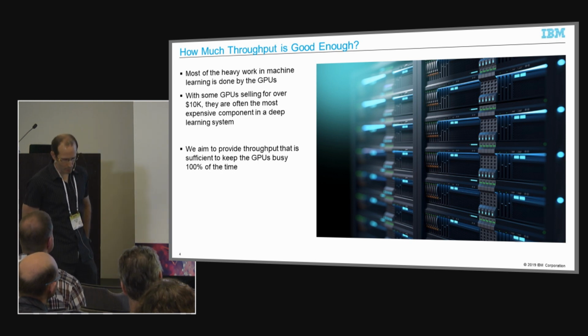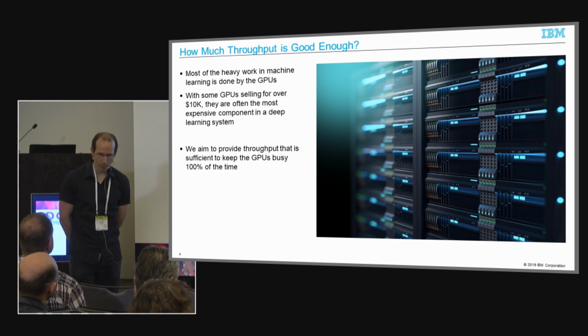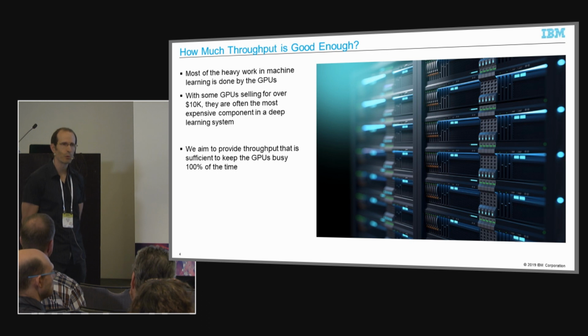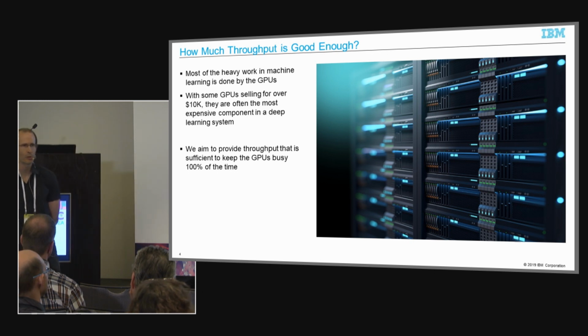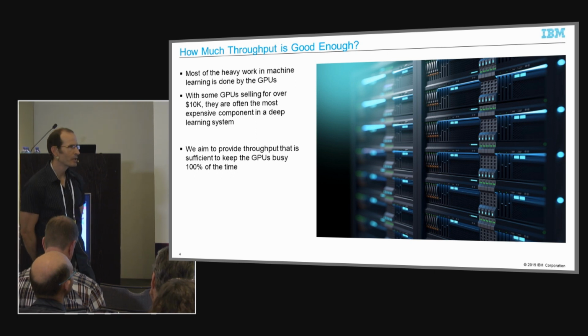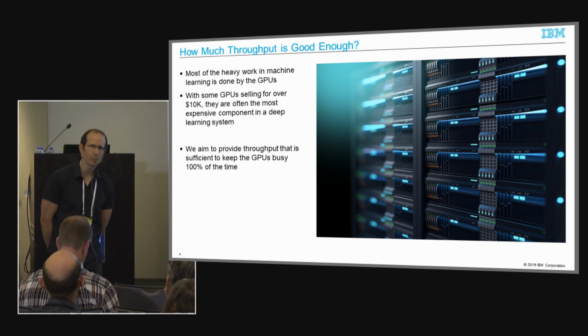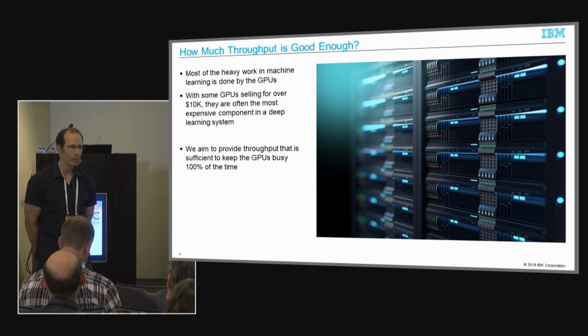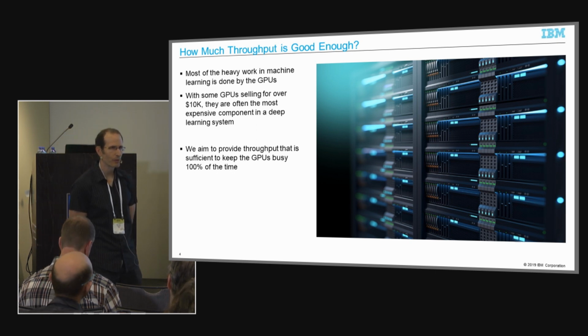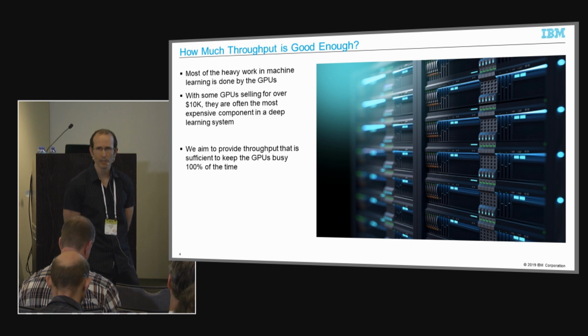So when we approached this, the first question we asked ourselves is, how much throughput do we actually need for machine learning? How much throughput is enough? If you look at machine learning, the bottleneck is generally your GPU. The GPUs are fairly expensive. They're the ones who do most of the work, especially in deep learning systems.